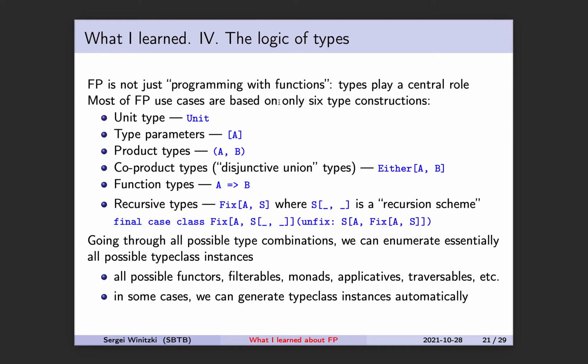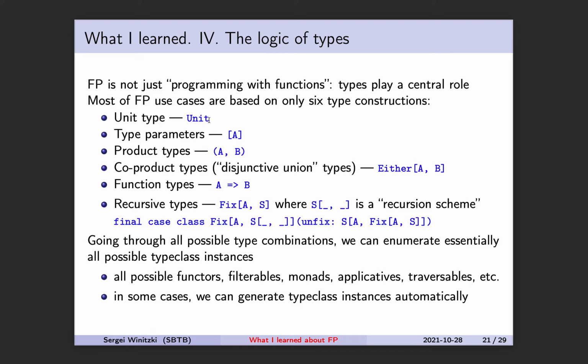So while doing this, I realized that types play a central role in functional programming, in the sense that there are specific type constructions that play a role. Not just the existence of types, but there are specific constructions that are very important for functional programming today.